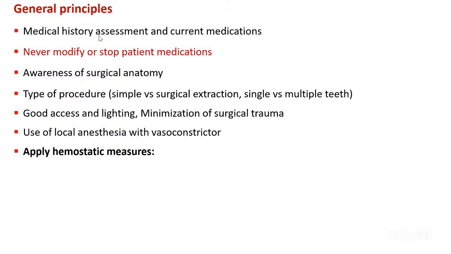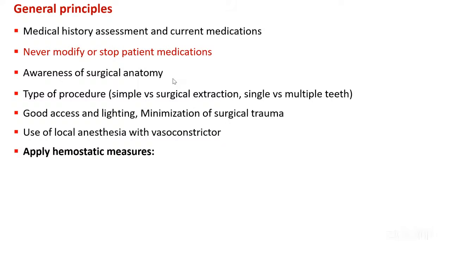So we need to assess medical history, what the diseases are, if they have cardiac disease, stroke, etc., what type of medication, is it aspirin, is it heparin, is it antiplatelet medication, and any supplement that might impact the bleeding risk. And the bottom line here: never modify or stop patient medication. It is fundamental that we don't interfere with the patient's prescribed medication.